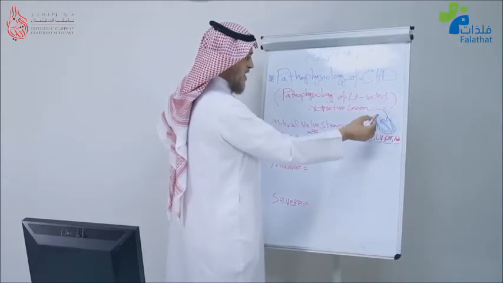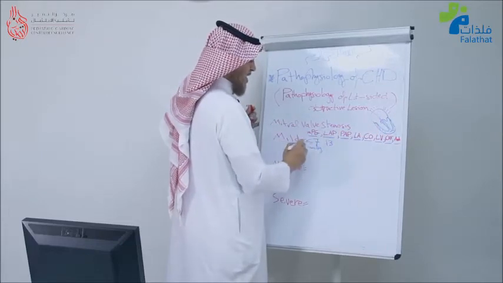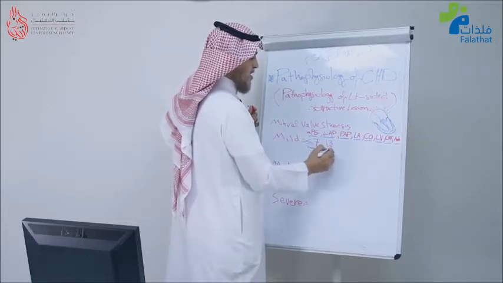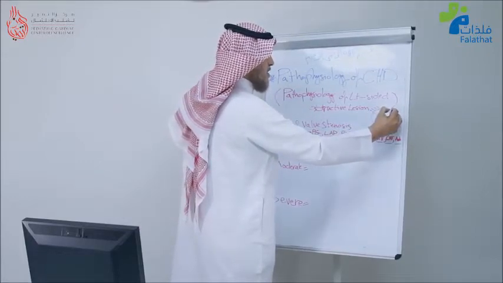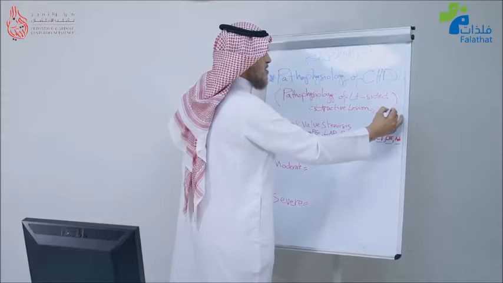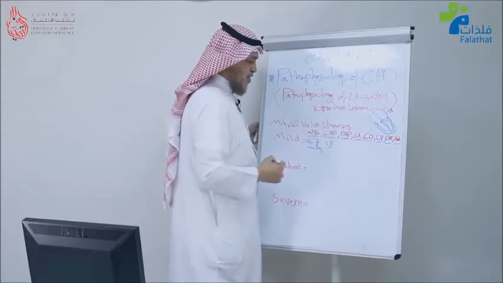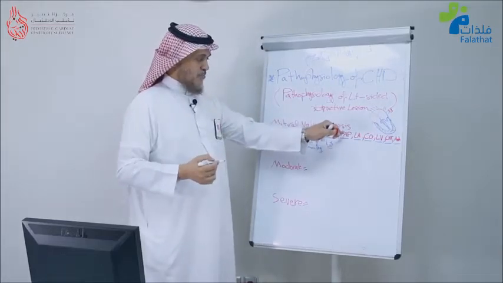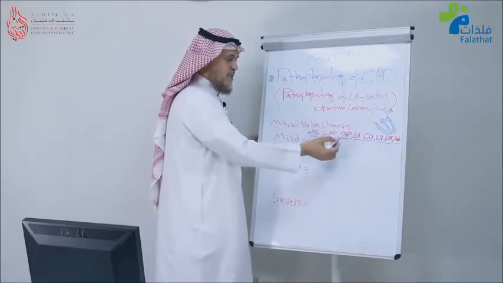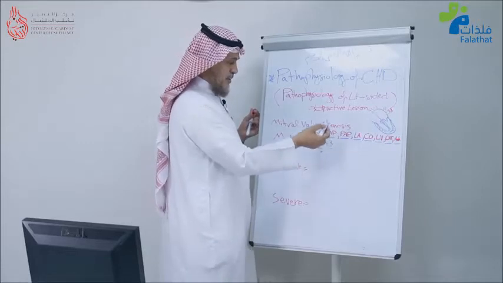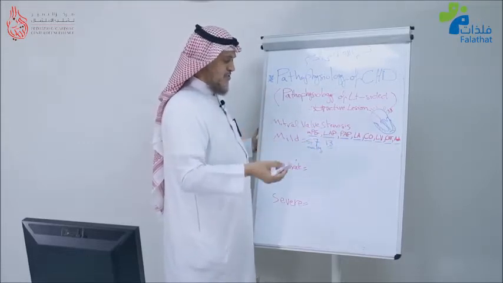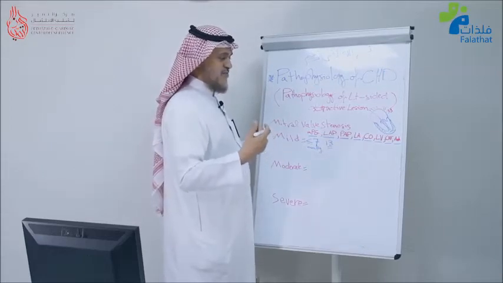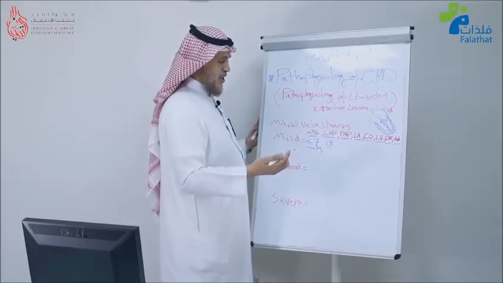The pressure in the left atrium, if we said it's mild, and it's now 13, mean of 13 millimeter mercury, the same pressure will be also here, mean of 13 millimeter mercury. What is the pressure in the normal pulmonary artery, PAP? A normal pulmonary artery pressure mean will be around less than 25, and most likely it will be around 15 millimeter mercury.